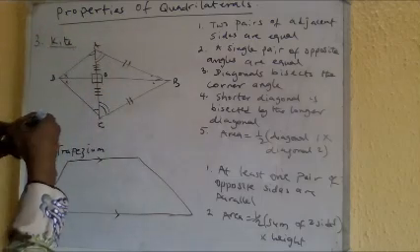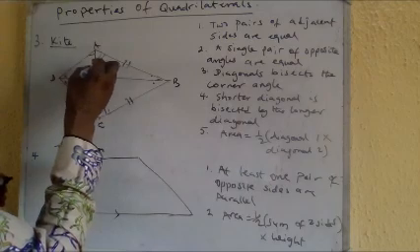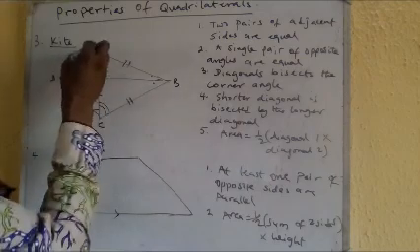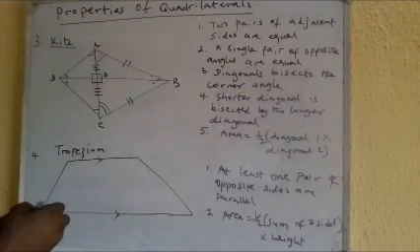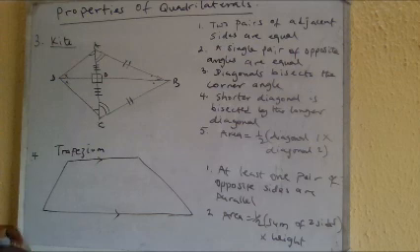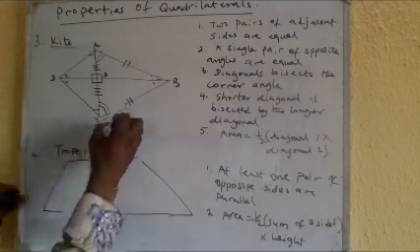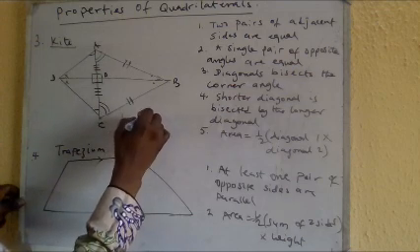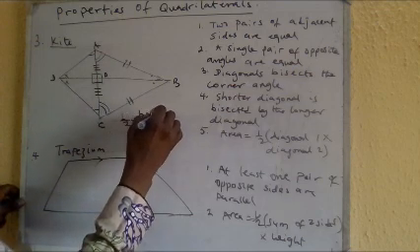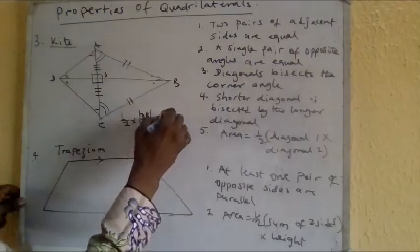That's why this one has three strokes here and three strokes here, showing that AO and OC are the same. So the area of the kite is half times diagonal DB times diagonal AC.